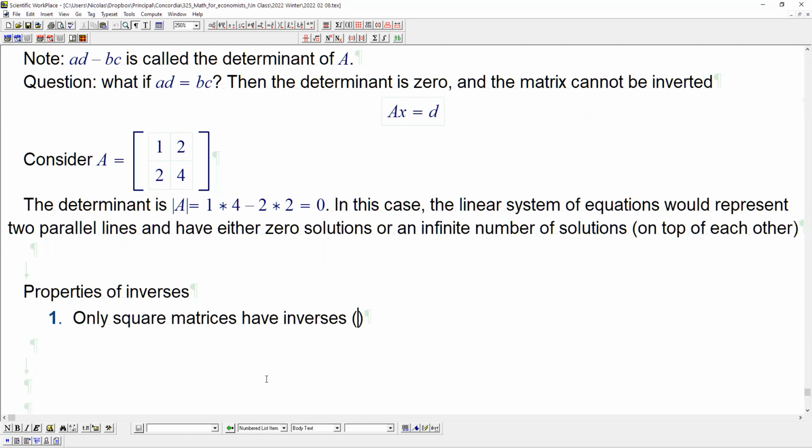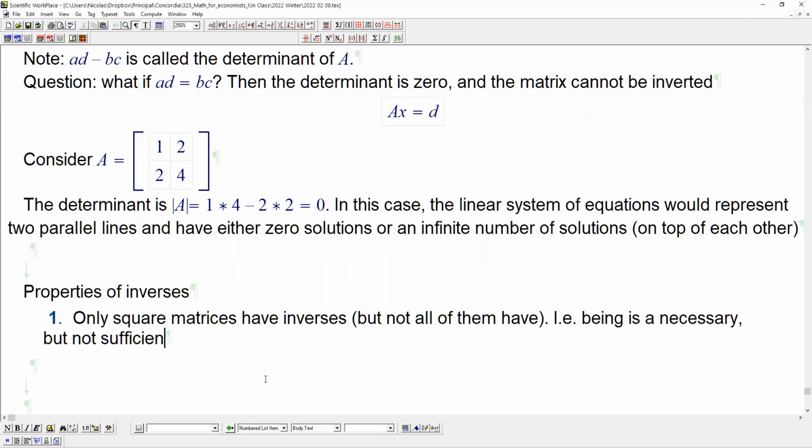But not all of them have one. Being square is a necessary but not sufficient condition.